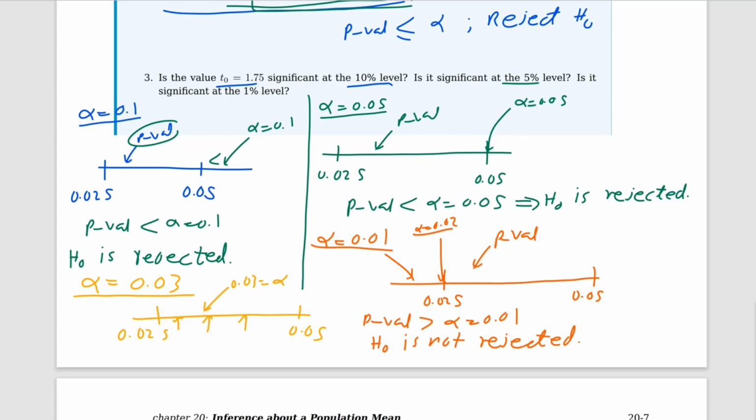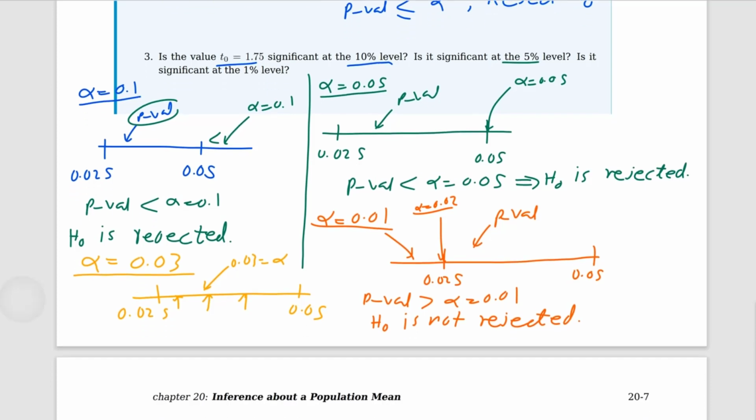Who knows that? Therefore, can you come to any conclusion? No. If alpha is in between in this interval, then we cannot make any conclusion. That's the only thing you can say. Alright. Any questions?